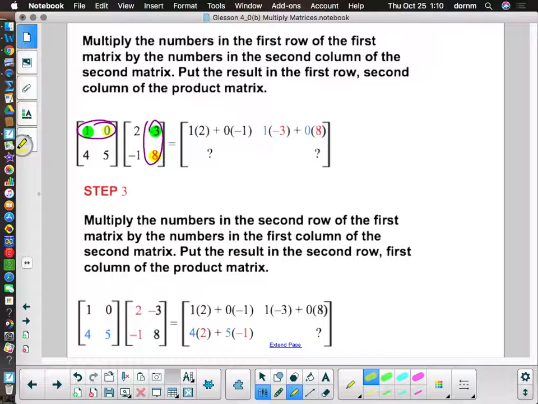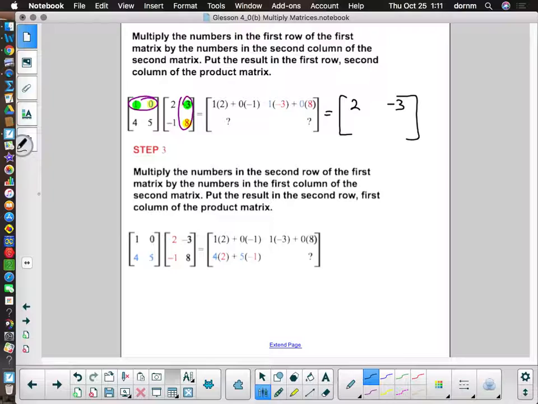So filling it in one piece at a time here, it's going to be a square matrix. 1 times 2 was 2. We had plus 0. 1 times -3 is -3. -3 plus 0 times 8. -3 plus 0 is -3.